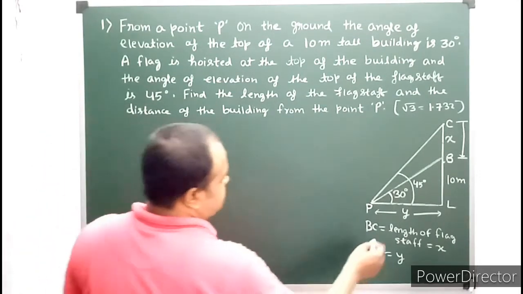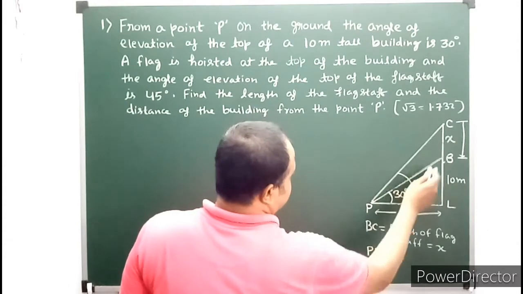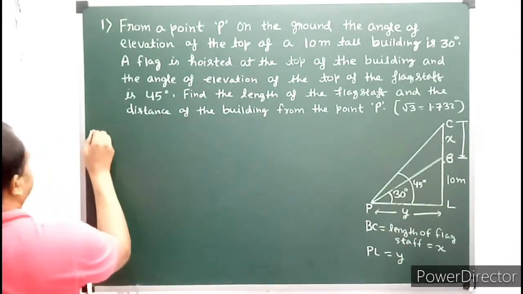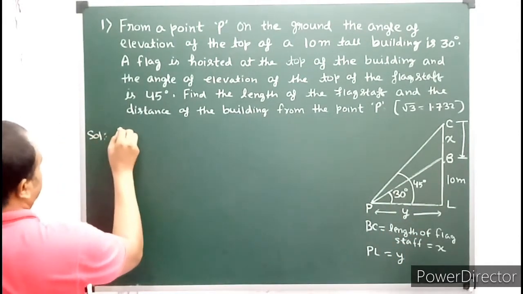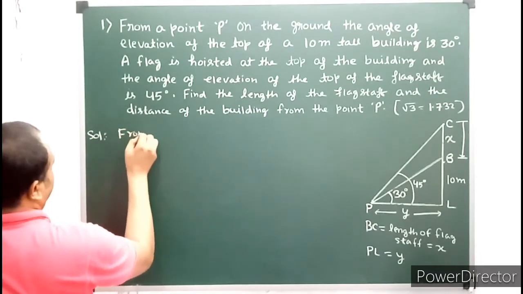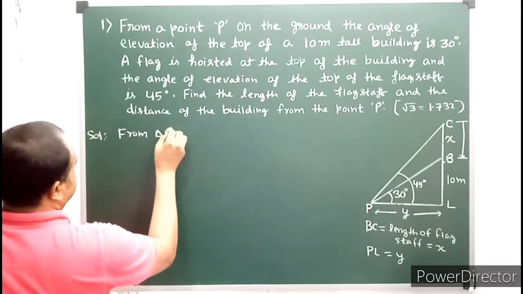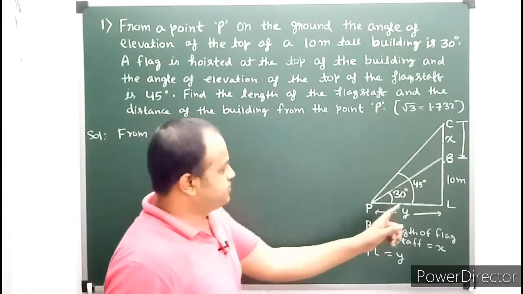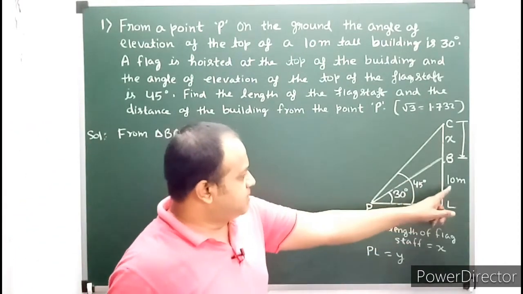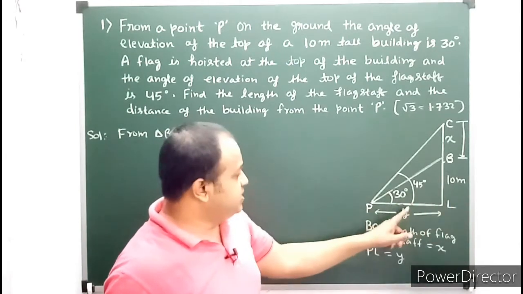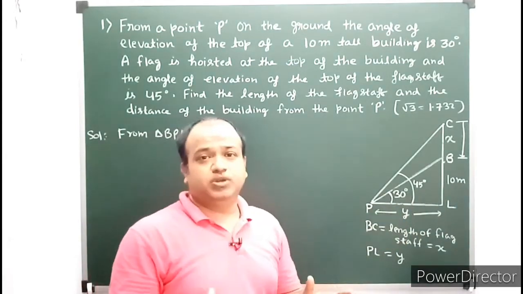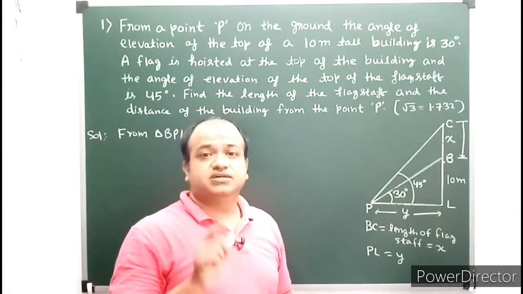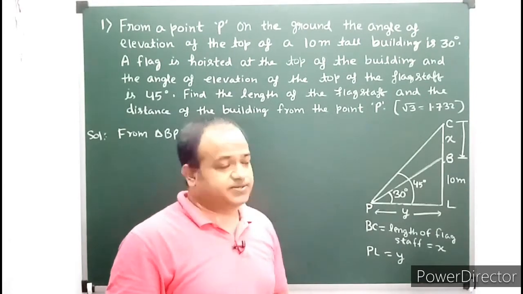First of all, we will take triangle BPL. In this triangle, the perpendicular is given and we need to find the base. Perpendicular and base generally come in tan theta.